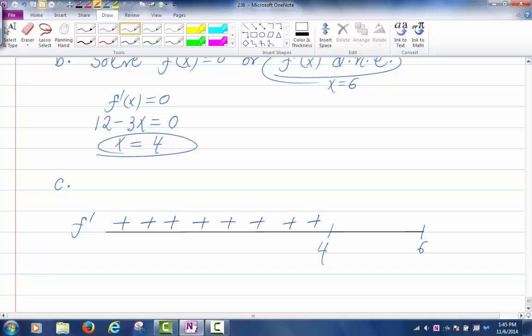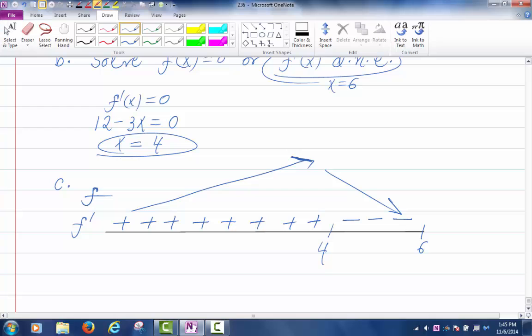And then between 4 and 6, is the derivative positive or negative? So I have 12 minus 3x. You can plug in 5, for example. And do I get positive or negative? Negative. Is everybody okay? So what does it tell us about the function f? It tells us that the function f increases up until 4, and then it decreases from 4 to 6, right?